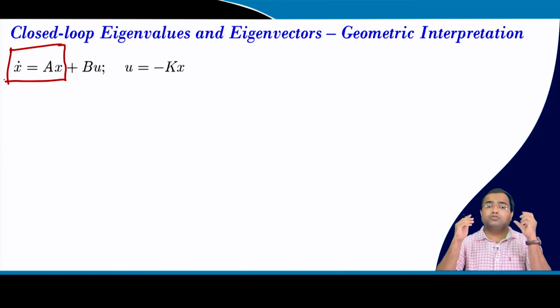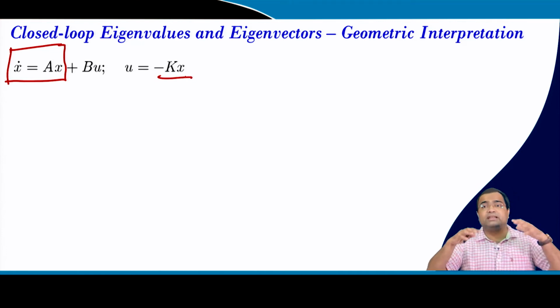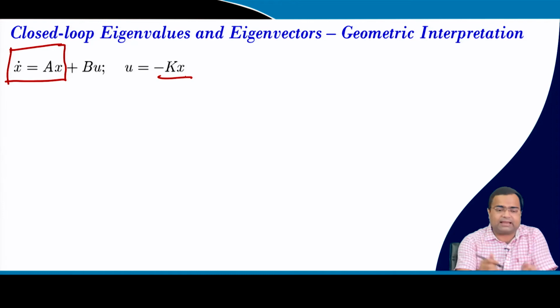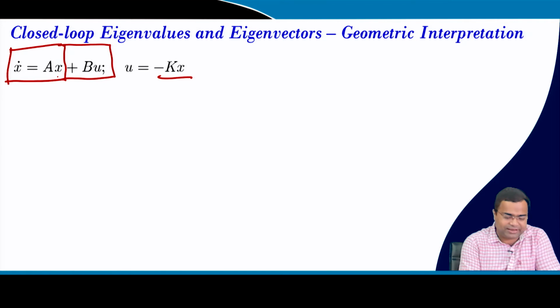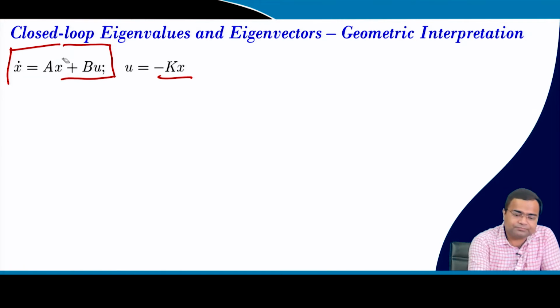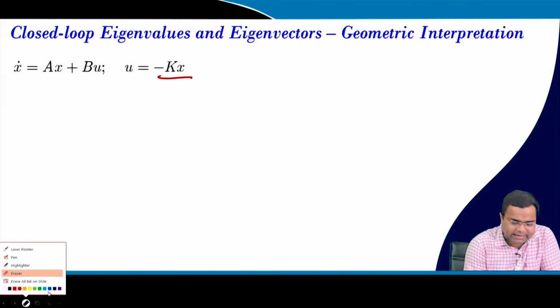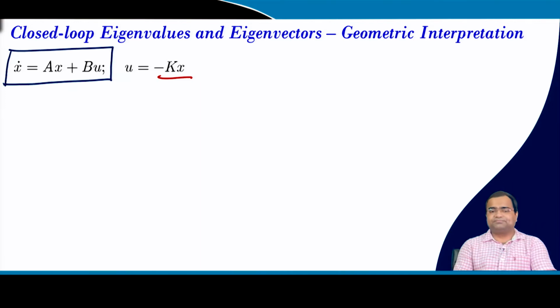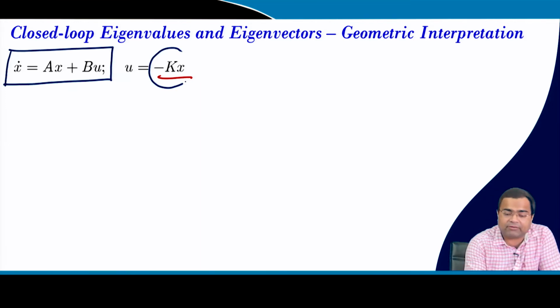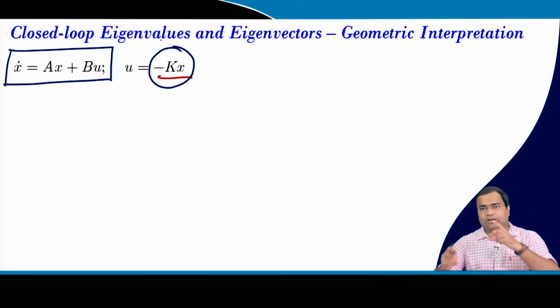But suppose the control input perturbation is considered and that control input is a function of the states, as if we are trying to design a closed loop control. In that case we have to incorporate this whole x dot equal to x b into this function. And then what we will get is that this whole thing will be our closed loop system, where u is nothing but minus k into x, because it is a negative feedback system and the gain vector is positive.